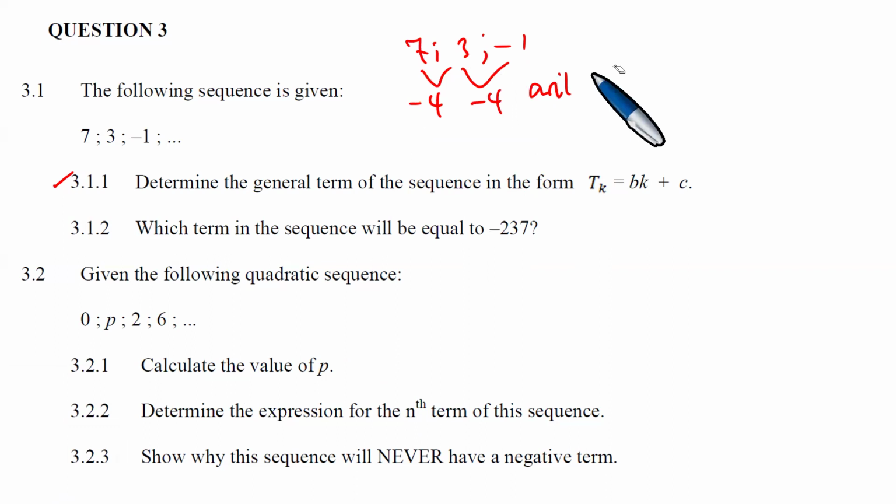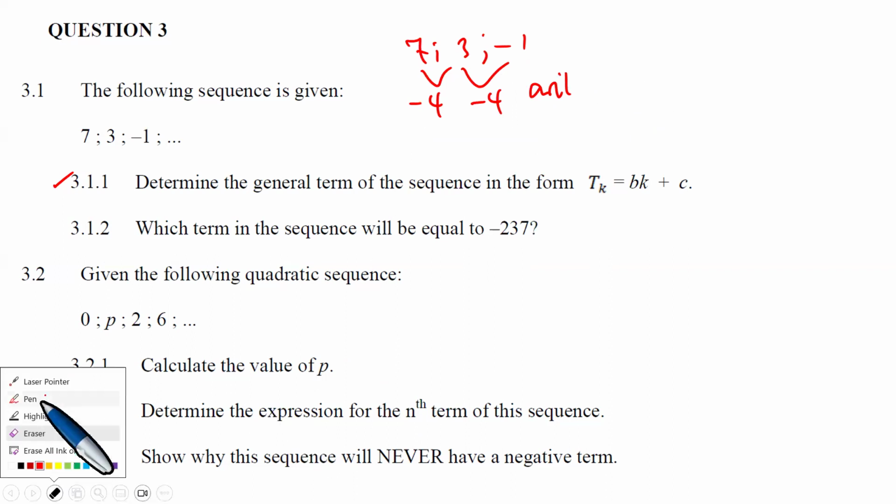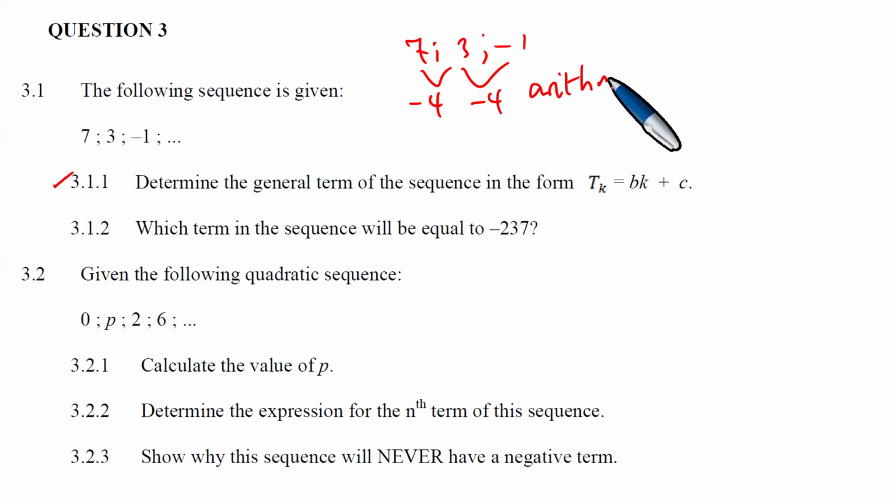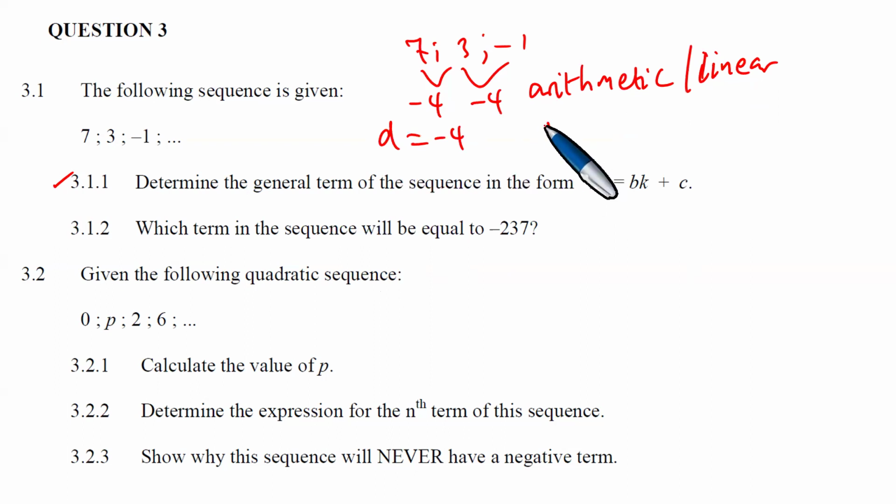You've already learned much of these. Linear is the arithmetic pattern. If it's arithmetic or linear, what do we do? Then we calculate the general formula. In terms of k, you're going to use Tk equals a plus k minus 1 times the common difference.